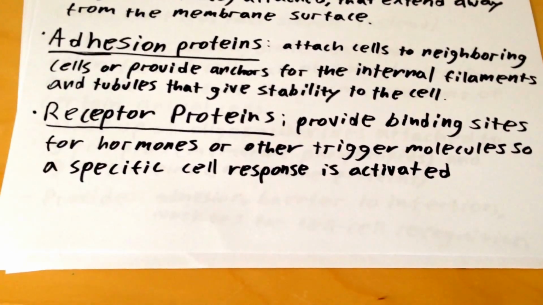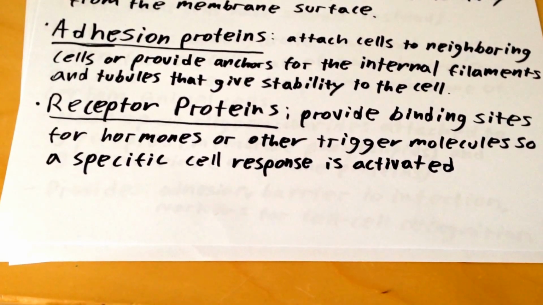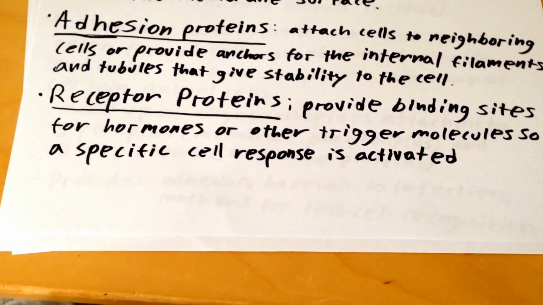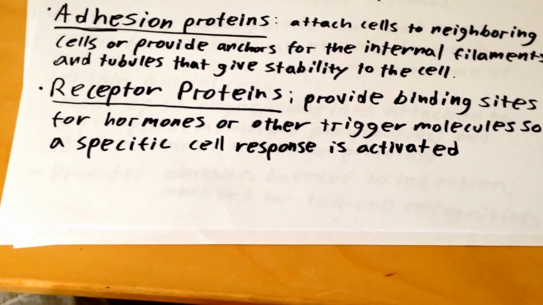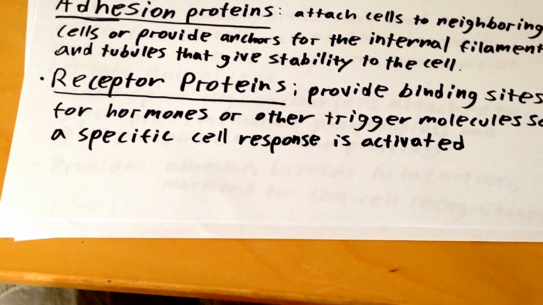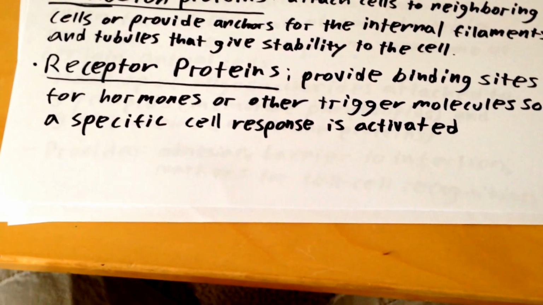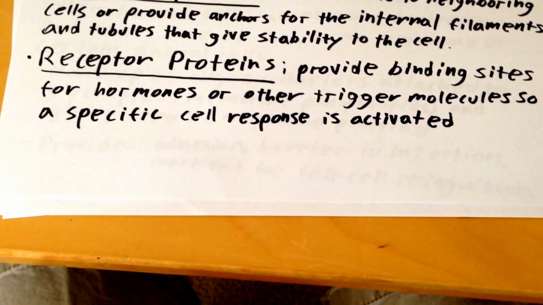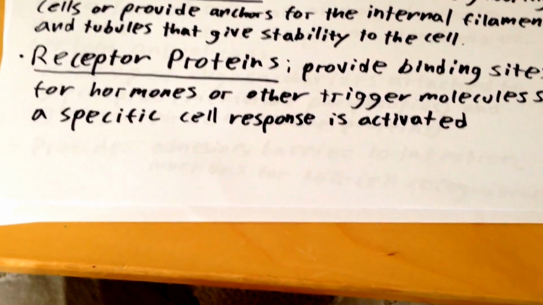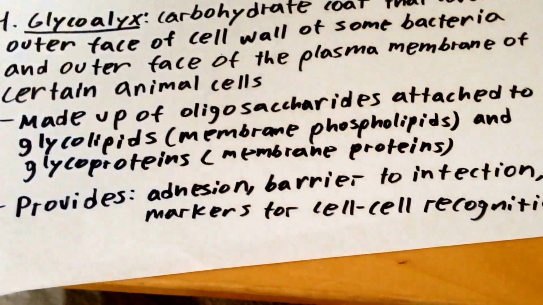These attach cells to neighboring cells or provide anchors for the internal filaments and tubules that give stability to the cell. Another kind of protein is a receptor protein, and these provide binding sites for hormones or other trigger molecules so that specific cell responses are activated.